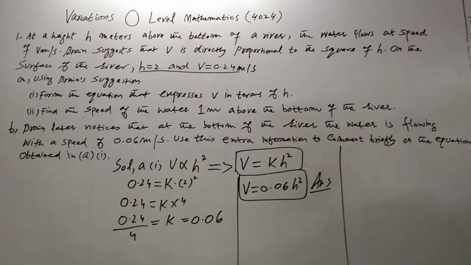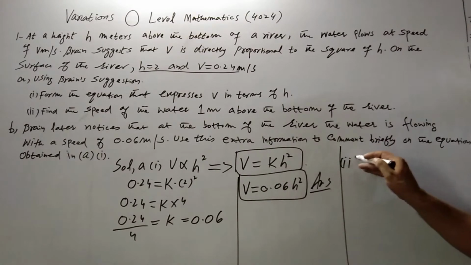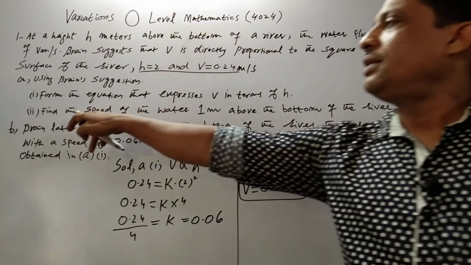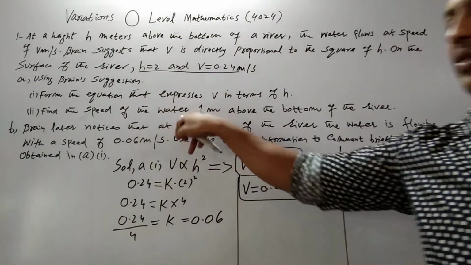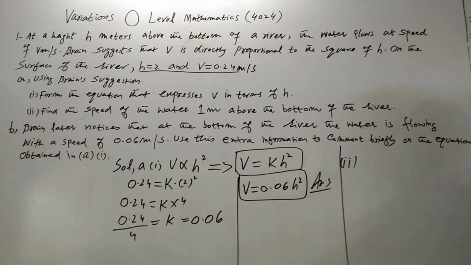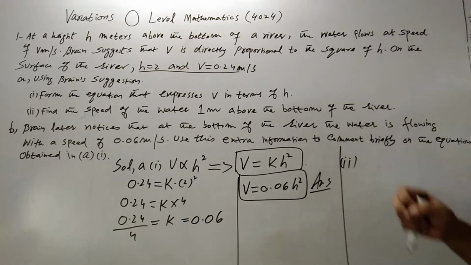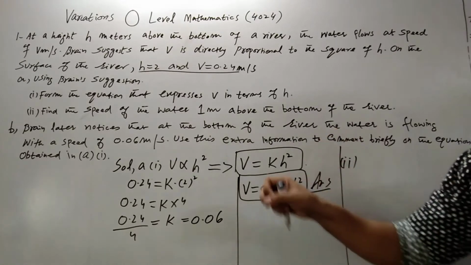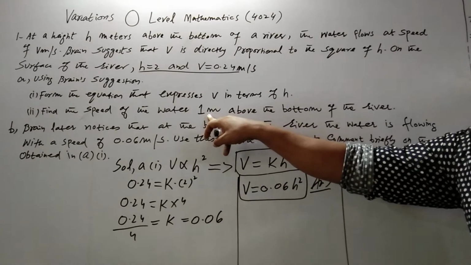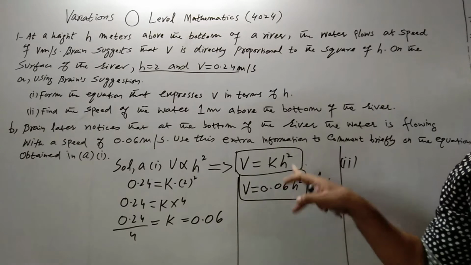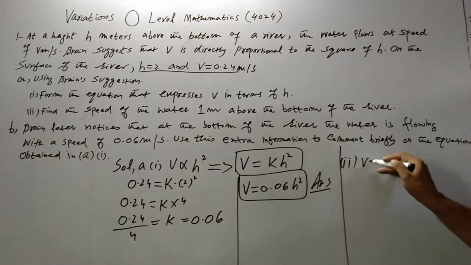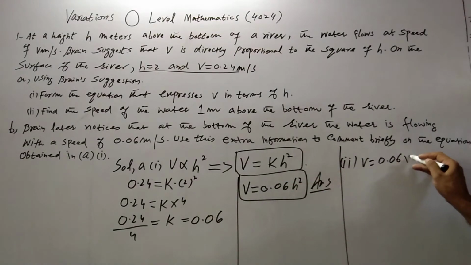What about part 2? Find the speed of the water 1 meter above the bottom of the river. We just have to put the value of h, 1 meter, in the given equation to get the value of v. v equals 0.06 multiplied by h square.